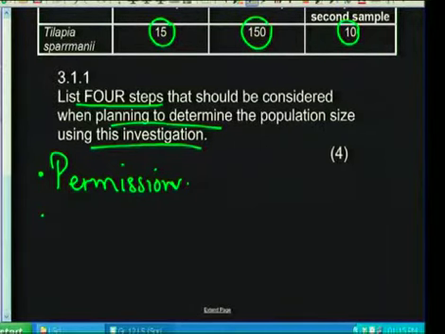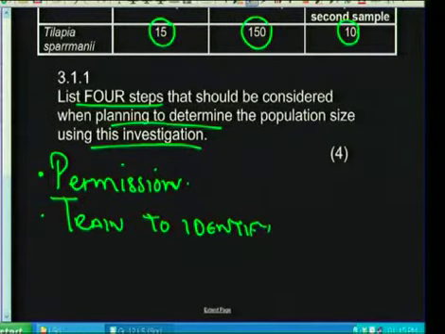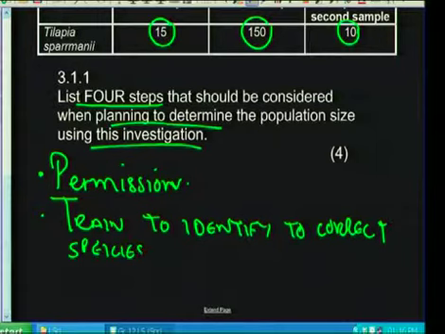And it's very important also, second, that you should train individuals to identify the correct fish, because you're going to have several different species of fish in there, and hence you need to have individuals trained to identify the correct fish.